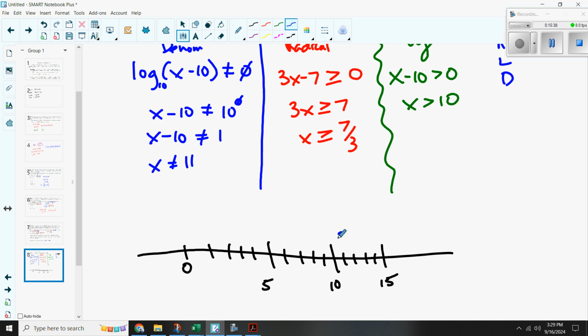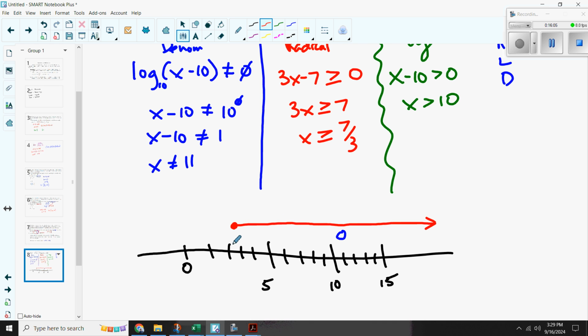So at 11, I know I'm going to have an open circle. And then in the red, it says it's got to be greater than or equal to 7/3. 7/3 is a little bit bigger than 2. So I'll put a little dot here at 7/3, and I'll say it can be anything like this, just as far as a radical sign. I'll combine them all in just a minute.